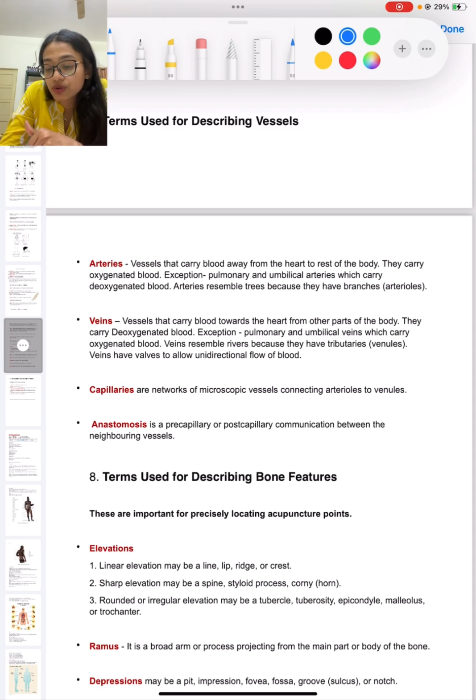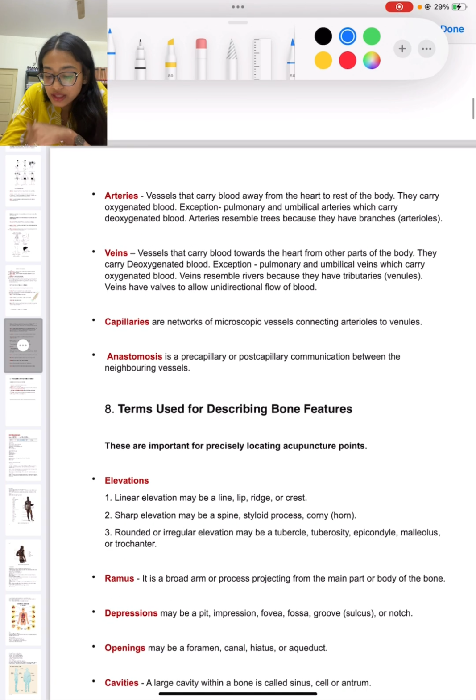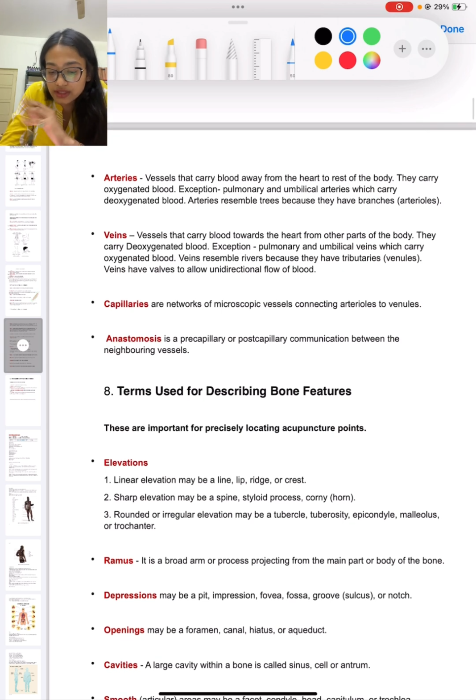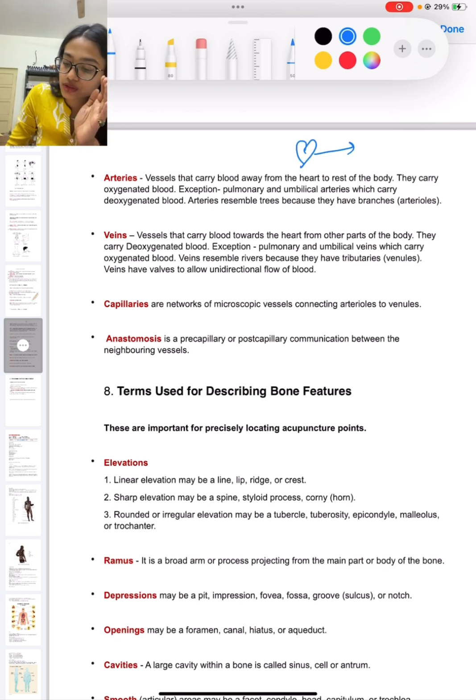Terms used for describing vessels. Now there are 4 types of vessels in our body: arteries, veins, capillaries and anastomosis. First, arteries, vessels that carry blood away from the heart to the rest of the body. They carry oxygenated blood.